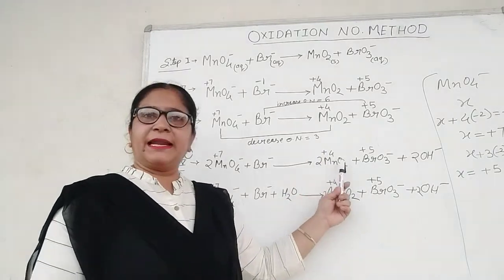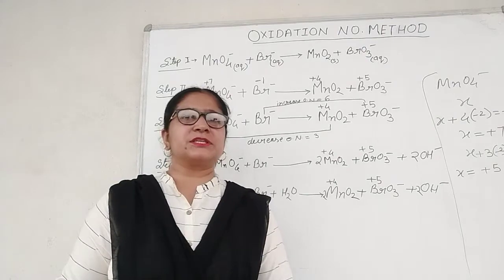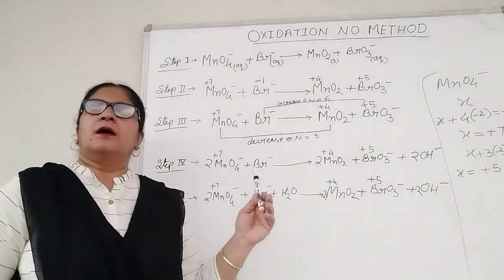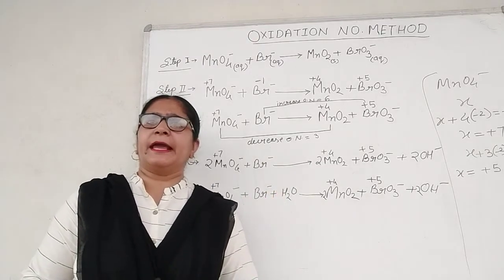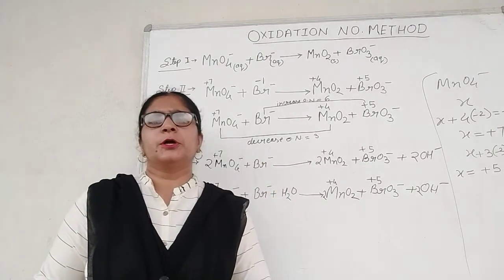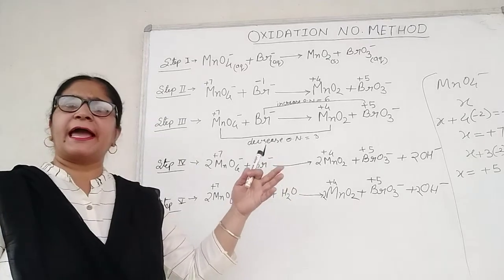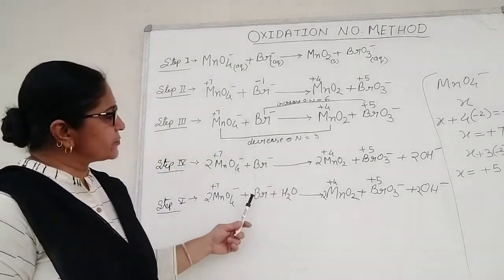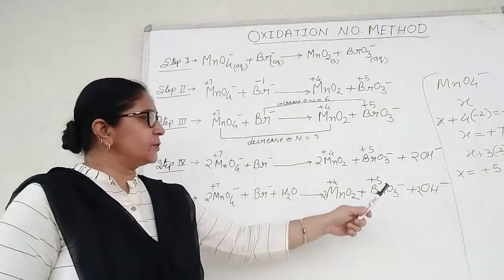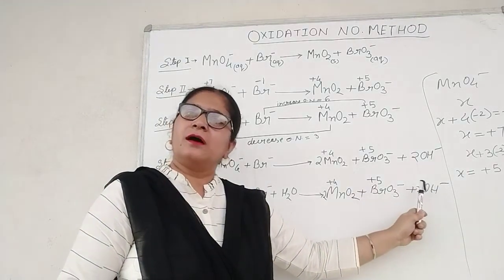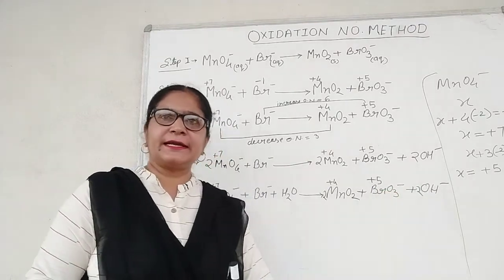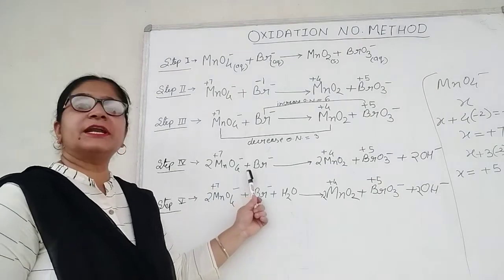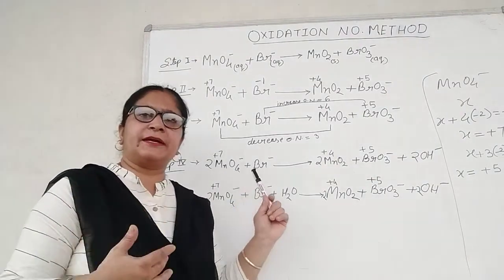Finally, balance the number of hydrogen atoms. This can be done by adding H2O molecules to the reactants or products as applicable. In this case, we have 2 hydrogen atoms on the right hand side and no hydrogen atoms on the left hand side.